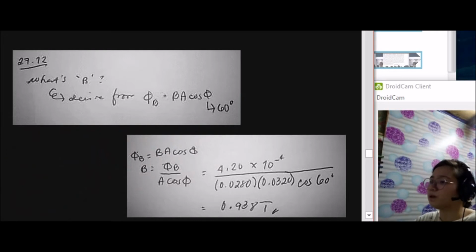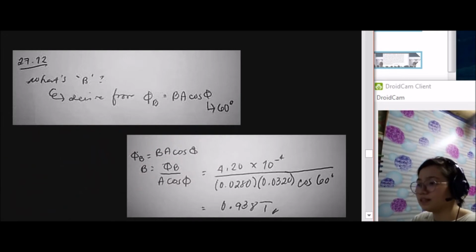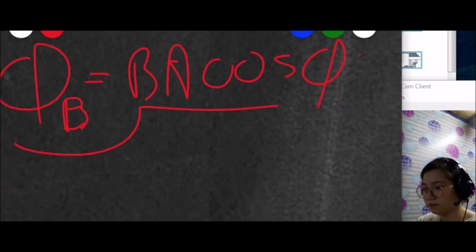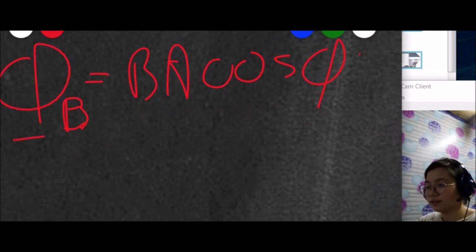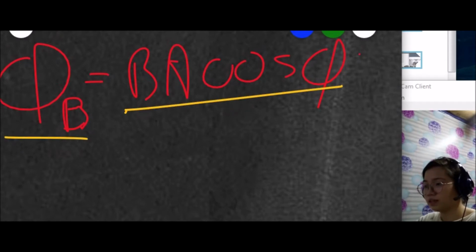So transpose. Phi is 60. Remember our first rule here. So we transpose, and we're going to have B equals phi B over A cosine phi. Let me just show you real quick how that happened. We want to have only these, so it's just like that.